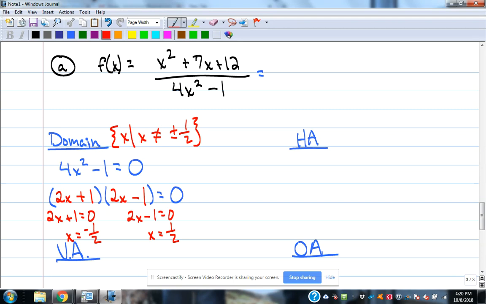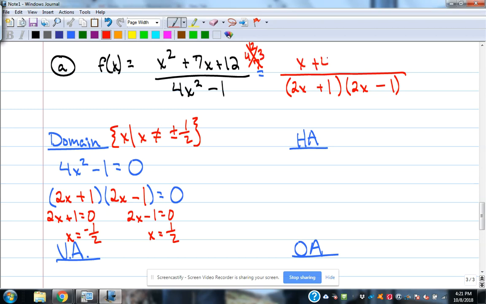Now, what I want to do is go back to the problem and look at possibly factoring the numerator. There's no rule or law that says it has to, but this one will, though I don't know if anything's going to cancel. If I try to factor that quadratic, it's something that multiplies to be 12 and adds to be 7: 4 and 3, right?